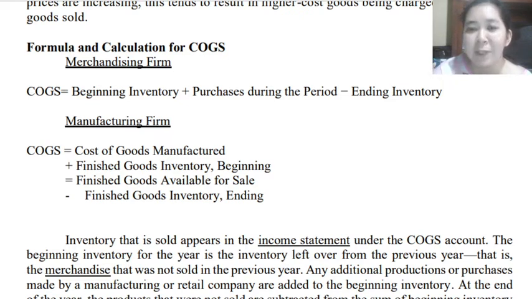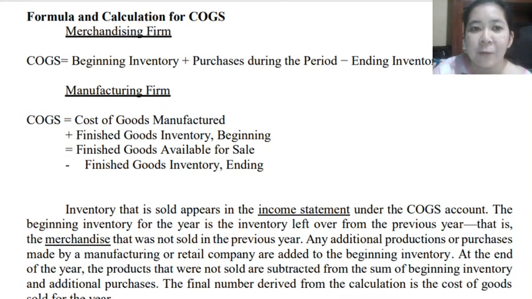Beginning inventory plus purchases is equal to goods available for sale. And then we will deduct the ending inventory, meaning the inventory that was left in the stock room at the end of the accounting period. So the difference between the cost of goods available for sale and the ending inventory is what the entity actually sold, and that is equivalent to our cost of goods sold.